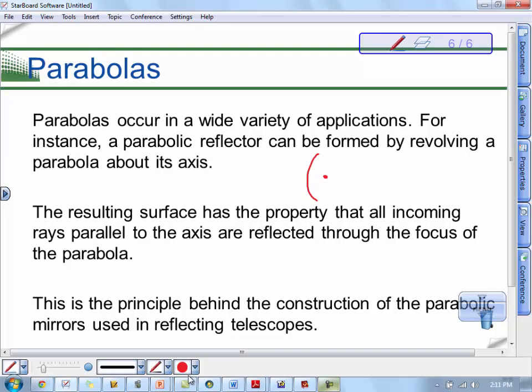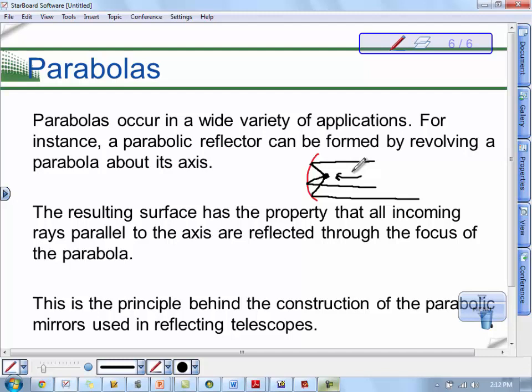And one of the properties of that is that when light waves, in this case, if it's like a satellite dish, when electromagnetic waves, which are just light waves, come in, they all reflect at an angle, no matter where they hit, they all go to the focus. So if a light wave comes in here, everything gets reflected to the focus. So this spot right here is going to obviously pick up a lot. It's going to be an amplified signal.